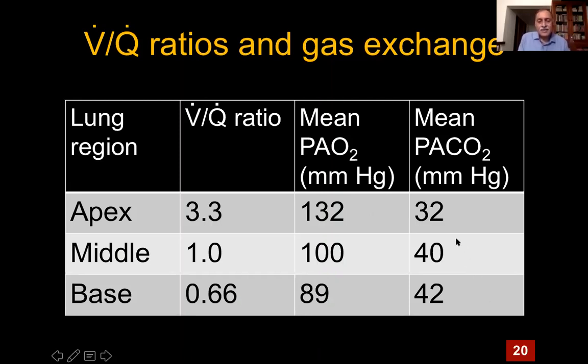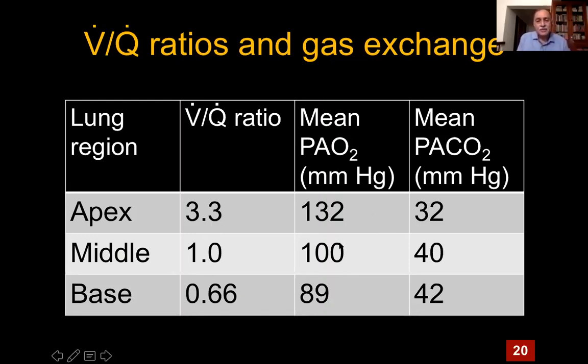And we mentioned earlier that somewhere around the hilar region, where you have an ideal VQ ratio of 1, you get an alveolar oxygen tension of 100 millimeters of mercury and an alveolar carbon dioxide tension of 40 millimeters of mercury. And this is what is in equilibrium with the blood that exits from this ideal alveolus.